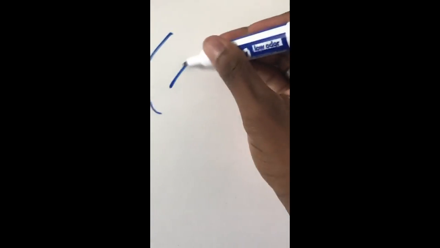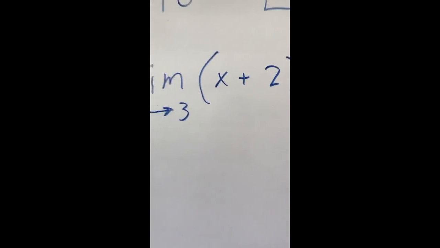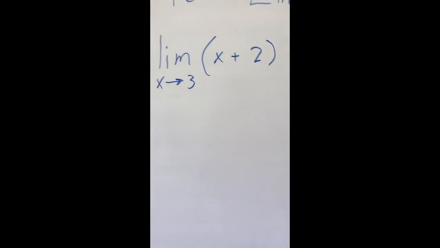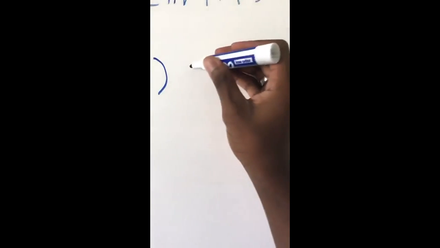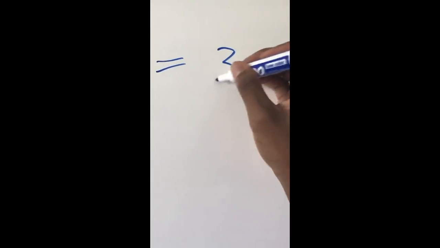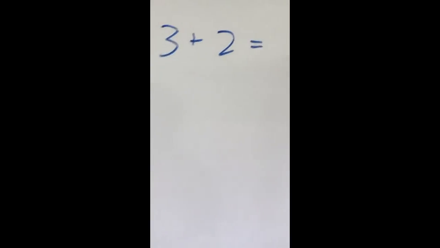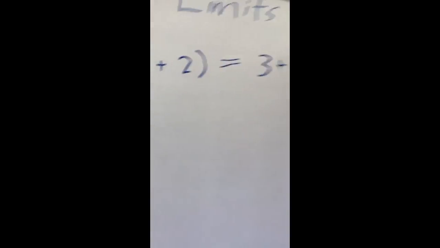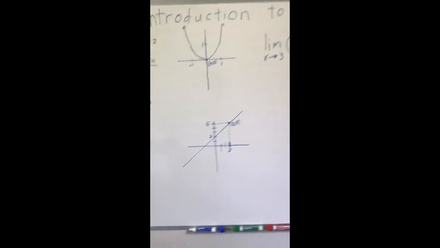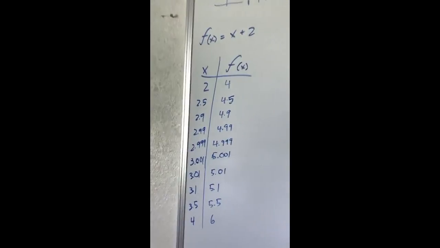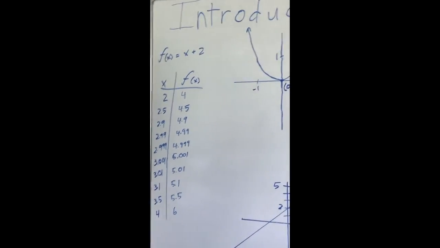Of our function x plus 2. And in cases like this, sometimes what we can do is we can just plug in x directly. And when we do that here, that gives us 3 plus 2, which is 5. So here, we have shown 3 different methods to show that the limit as x approaches 3 of x plus 2 equals 5.